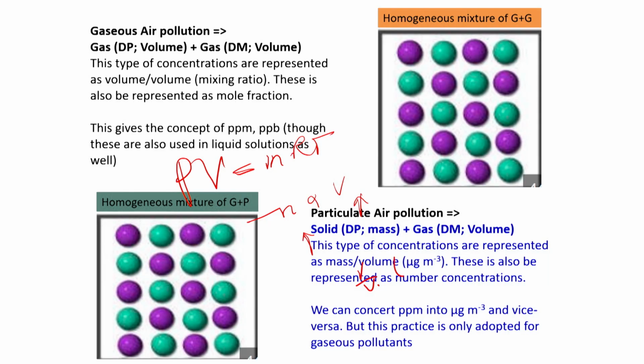So, the concentration of particulate matter will vary, but the concentration of gaseous species will not vary, because our gaseous system is homogeneous with respect to these gases, whereas this is also homogeneous, but this homogeneity is localized, not on a very large spatial scale. If you talk about a larger scale, this is not very homogeneous.